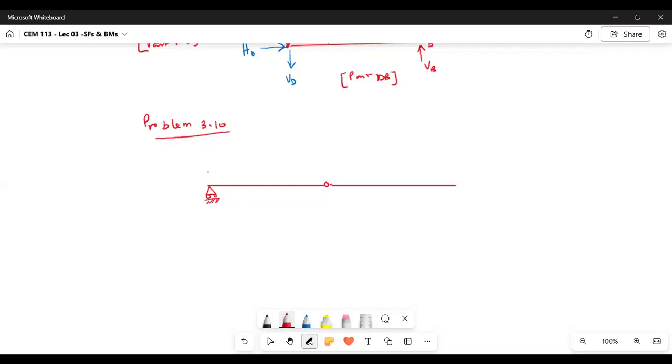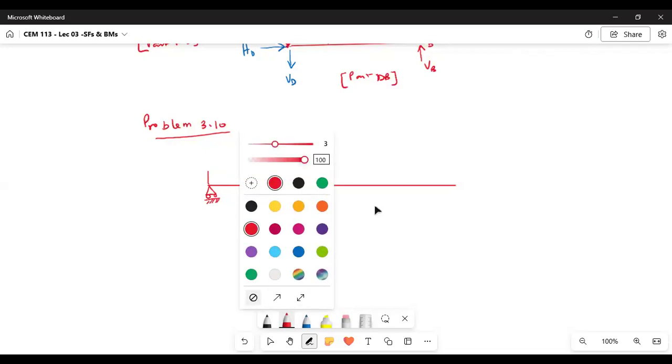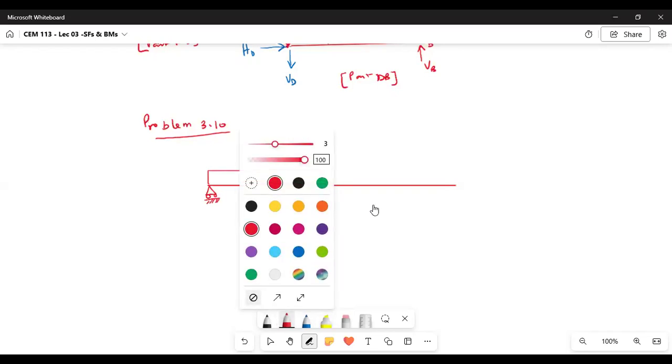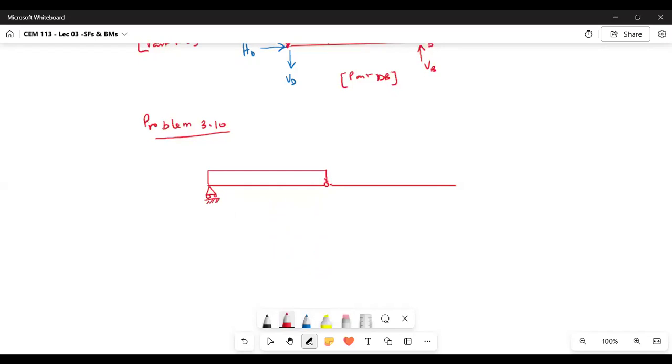Then I have a UDL here. Does this look like a UDL? Okay. Then I have a point load here.